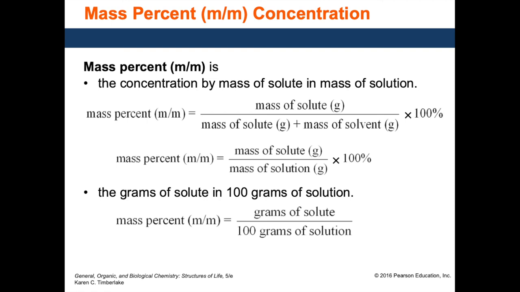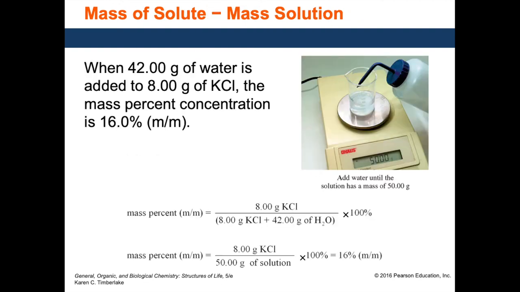So when we have our beer that's 5%, or well, I guess that's a volume, but let's say we had a salt solution that's 5% solute by mass. Basically, that just means for every 100 grams of solution, we have 5 grams of solute, of our salt that was dissolved in it.